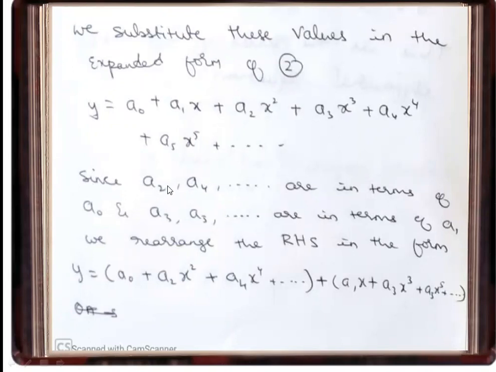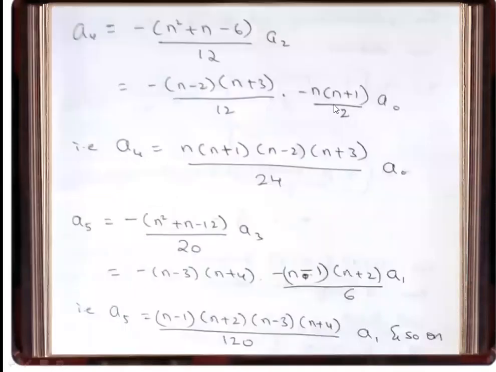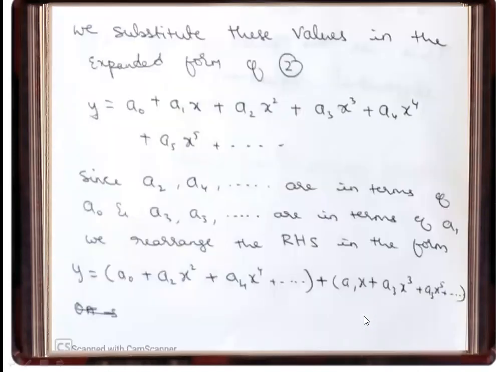So since a2 and a4 are in terms of a naught, here you can observe we have got a2 and a4 in terms of a naught, and a3 and a5 we have got in terms of a1. So that is why we arrange this RHS in the form like this: y is equal to a naught, a2, a4, all even terms are grouped on one side and all odd terms are grouped on another side in another bracket.